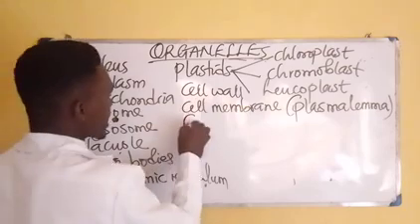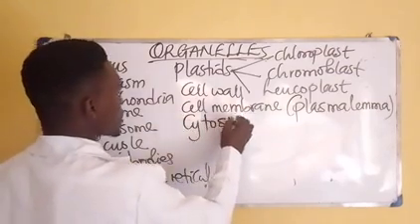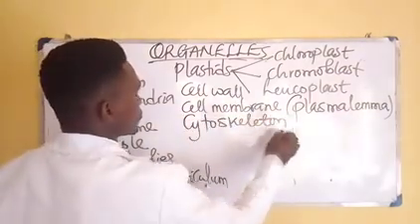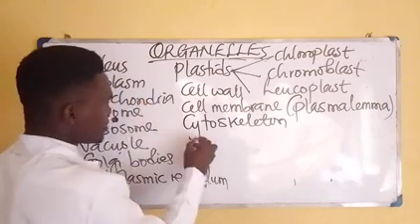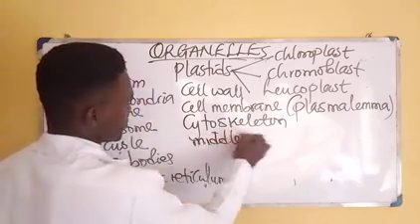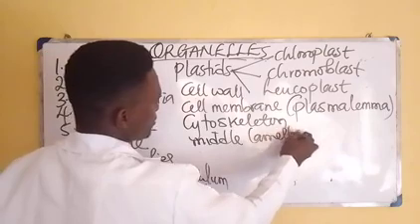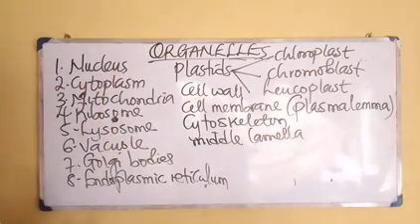We now have the cytoskeleton, and we have the middle lamella. Which one is remaining? I think these are the fundamental ones.